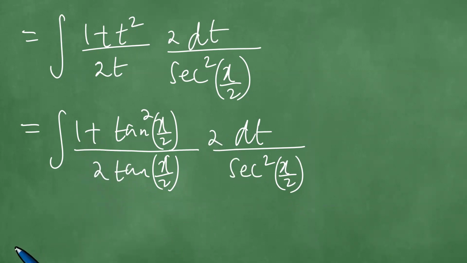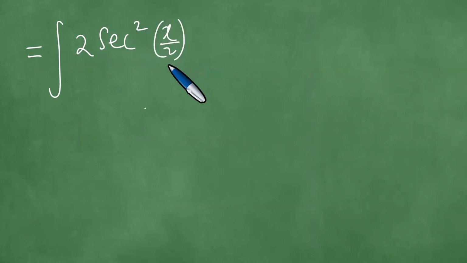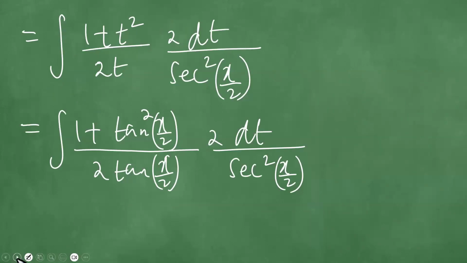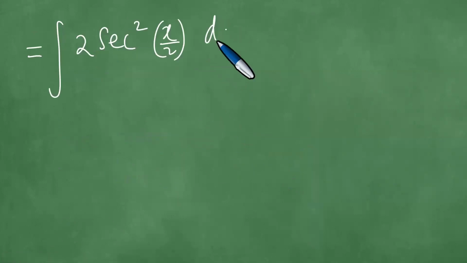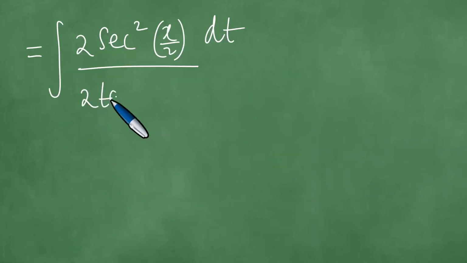So this is 2 times the secant squared of x over 2, dt, divided by, in the denominator, you furthermore have 2 times the tangent of x over 2.